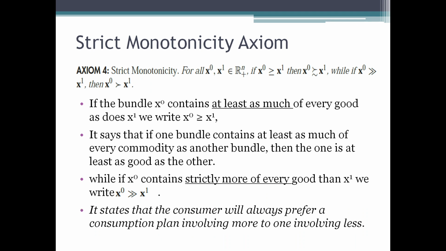So this assumption says that the consumer will always prefer a consumption plan involving more to one involving less. And this is very rational. Any rational consumer would like to buy more rather than less if this is within his budget. If, with the same price, I can buy more or less, what will I do?